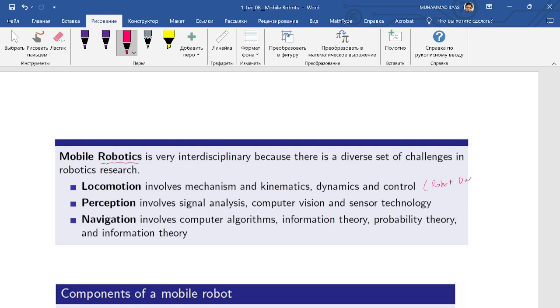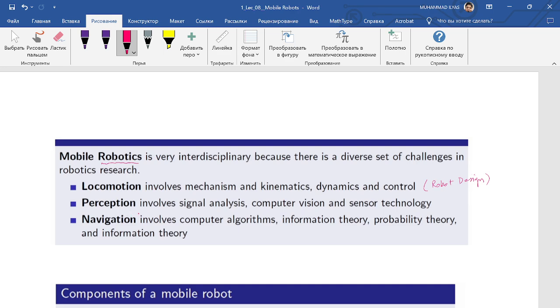Robot design is one of the big areas in robotics: how we design this robot, its mechanical structure. People with a background in mechanical engineering or mechatronics are good in this sub-area of mobile robotics.